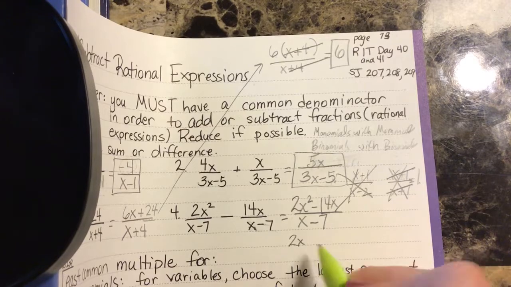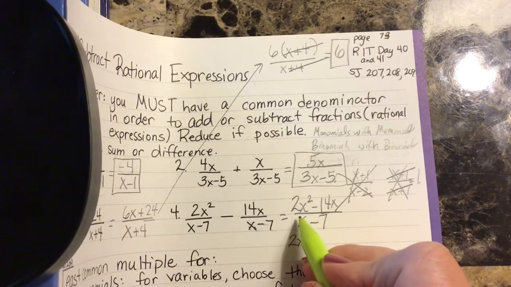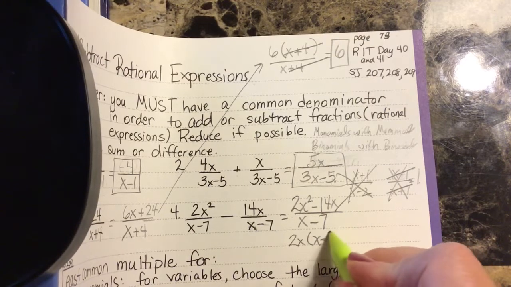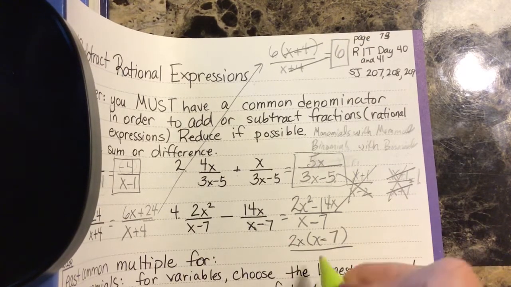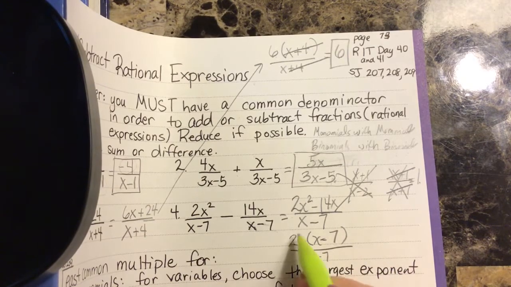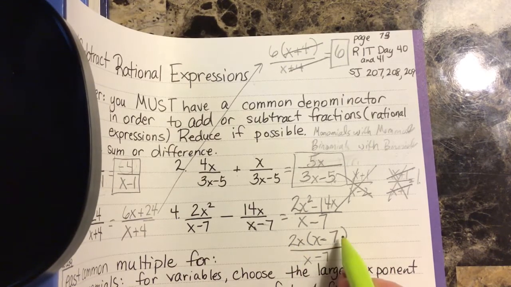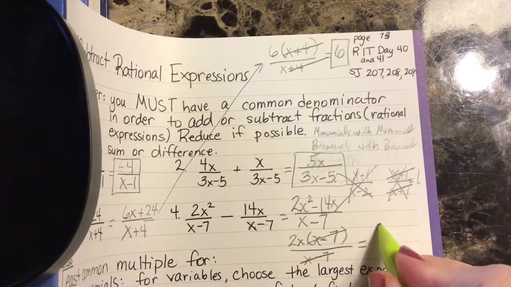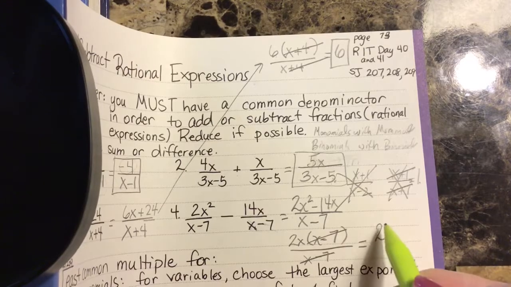So I'm going to factor out that 2x from the numerator. That would leave me with x minus 7. Now I have a monomial, a binomial, and a binomial. Are my two binomials, one in the numerator and one in the denominator, the same? Yes. So then I would reduce these away. My final answer is 2x.